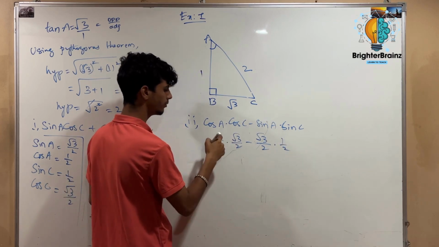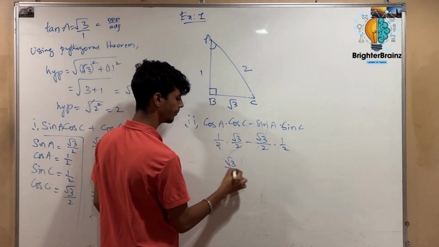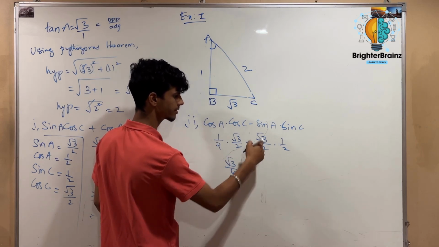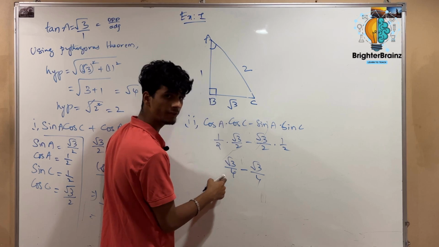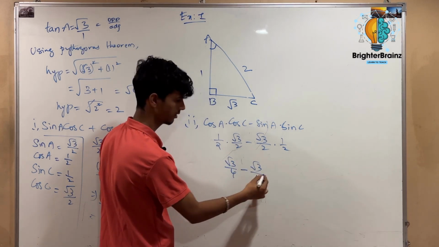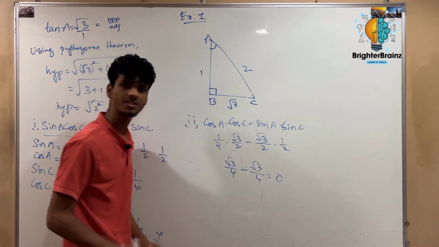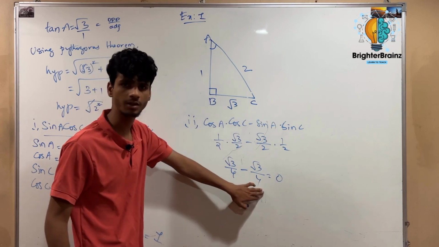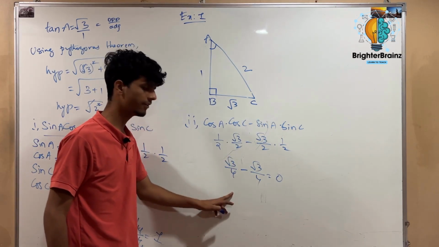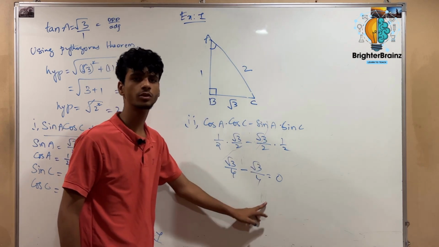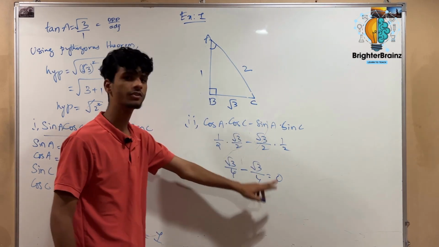Now root 3 into 1, root 3, 2 into 2, 4, minus root 3 into 1, root 3, 2 into 2, 4. Root 3 by 4 minus root 3 by 4 is 0. Something minus the same thing becomes 0. So the value of it is 0.